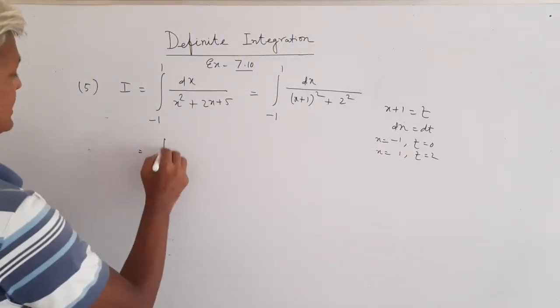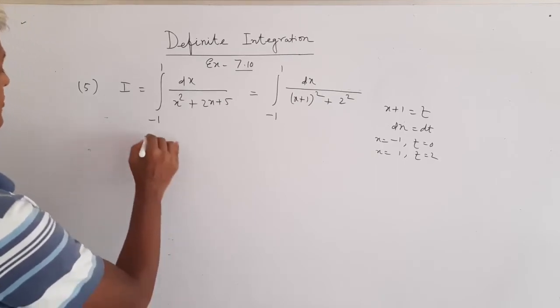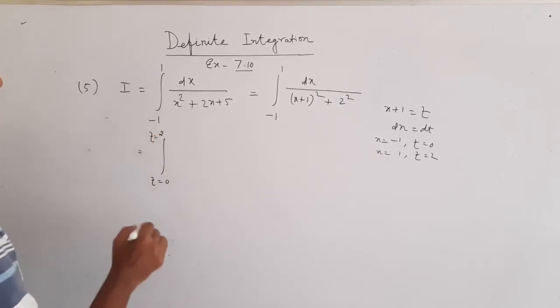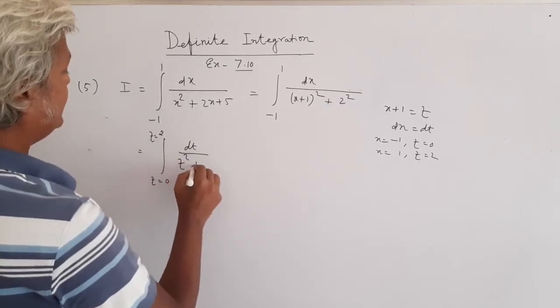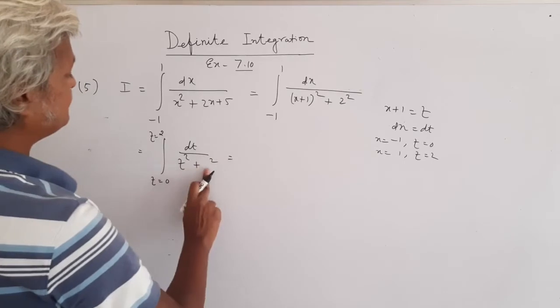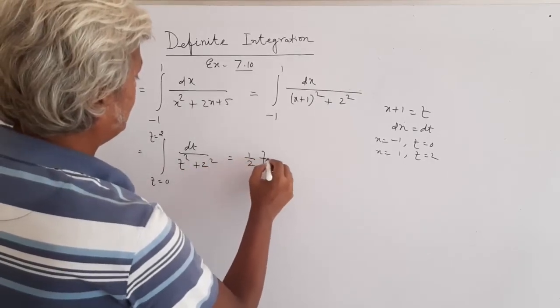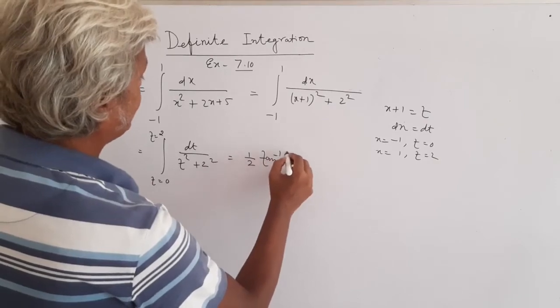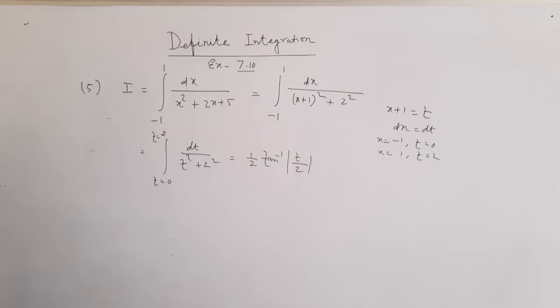Then my limit changes from t equal to 0 to t equal to 2, and this becomes dt over t square plus 2 square, and this becomes 1 by 2 tan inverse t by 2.